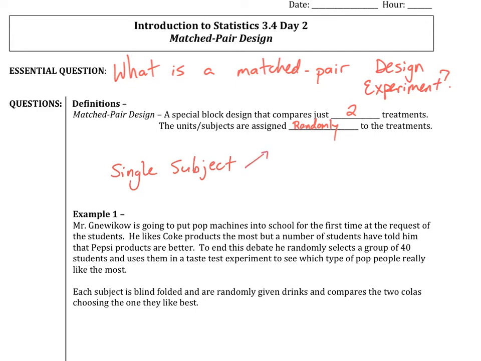And what we do then is we randomly assign them to treatment 1 and treatment 2. And down here I'm just going to put, we randomly assign which treatment is first. So randomly assign which treatment goes first. And then we observe the results.